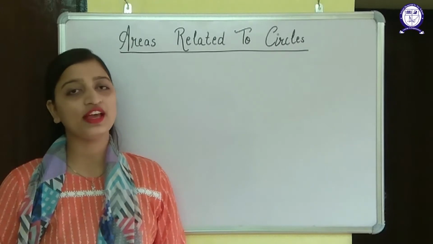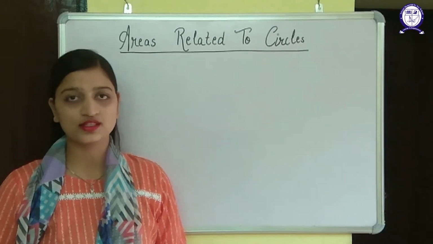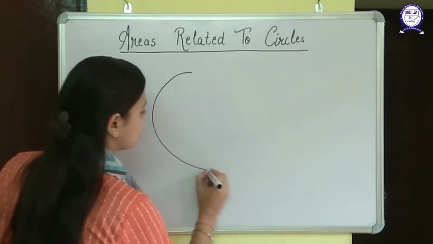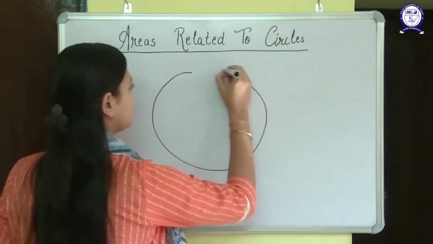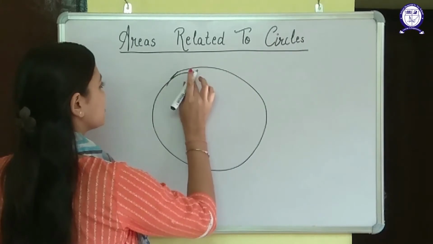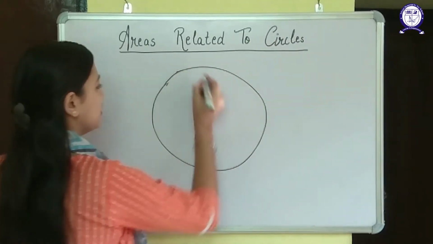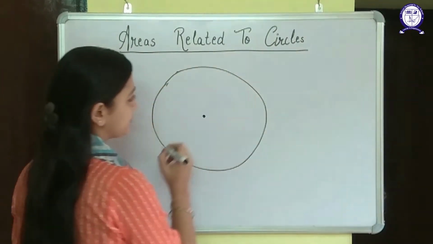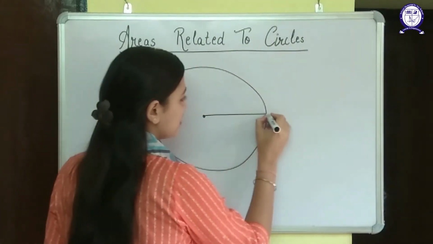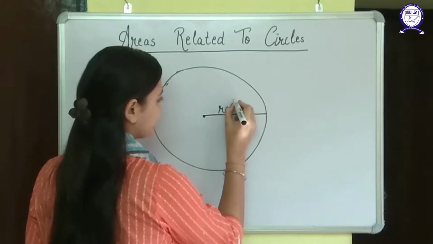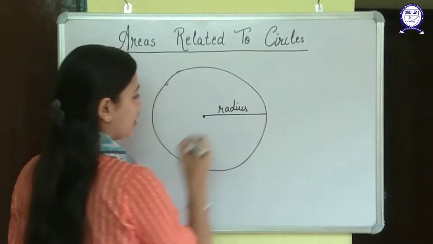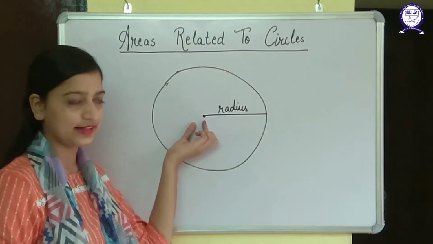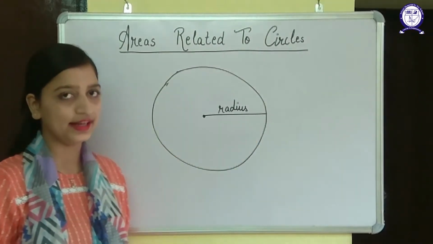First of all, we have learned many times what a circle is. A circle is a shape like this. It has a center and a radius. In this circle, this point is called the center and this is my radius.